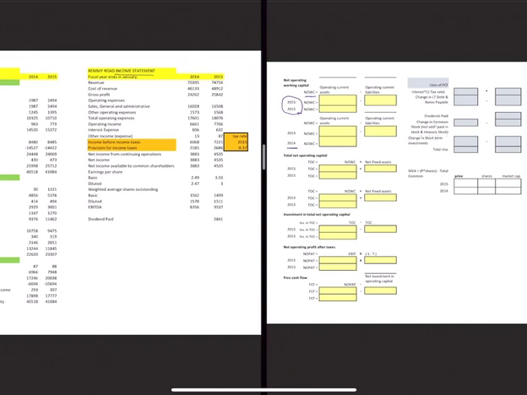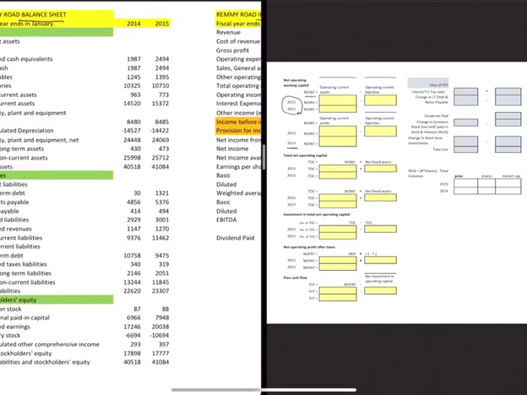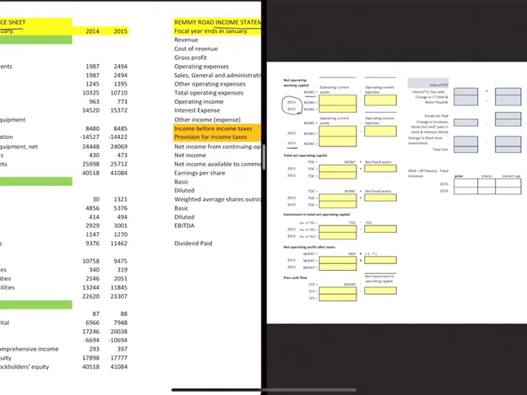So the operating current assets are going to be the current operating assets, not including short-term investments, okay? Not including short-term investments. So what is this equal to? We're going to go to our balance sheet, okay? So our operating current assets are going to be our total current assets right here.